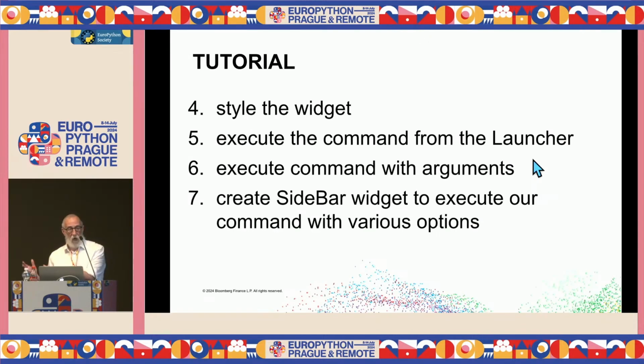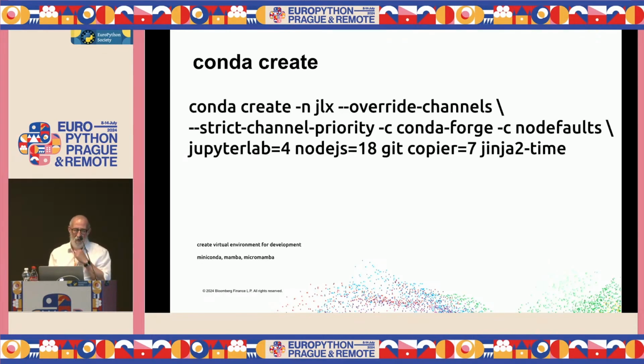Execute the command from somewhere else in JupyterLab, and then we'll see how we can pass arguments to our commands so we can make it behave differently in different situations. Perhaps for different users, you want it to behave differently if they have different preferences and things like that. And then finally, we'll create a sidebar widget, another widget that has buttons in it to execute our command in different ways.